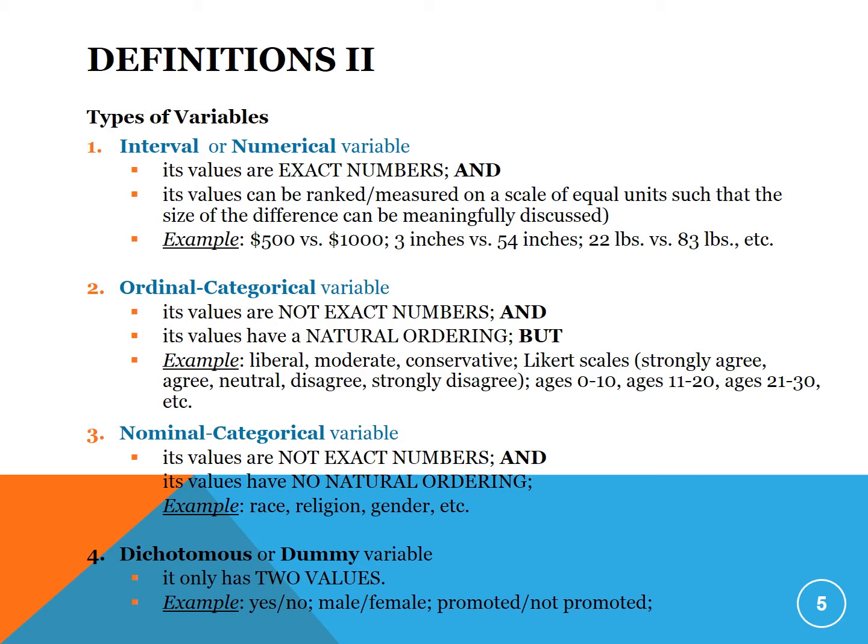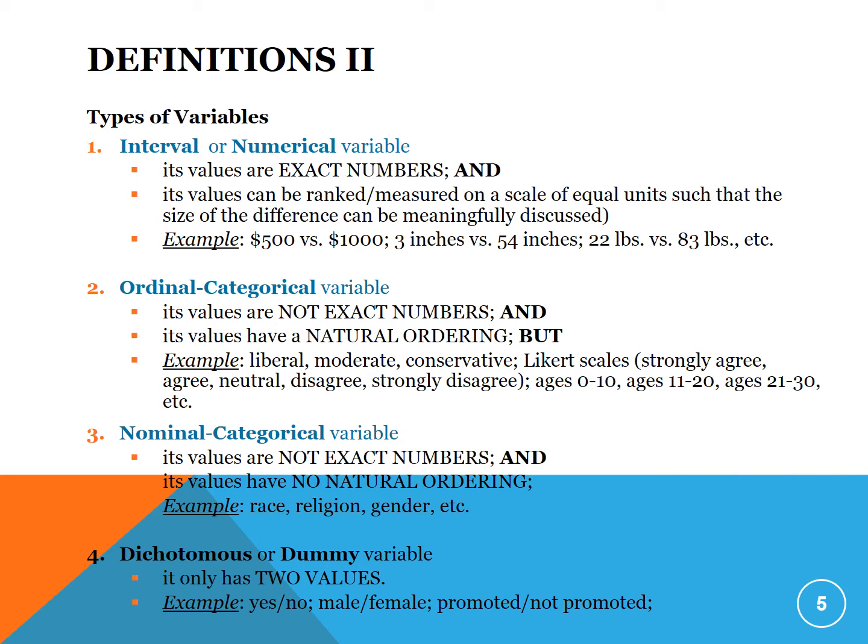What's important to note here about dummy variables is that they are dummy variables, but they must also fit in one of the three types of variables listed here. Dummy variables, they can be interval, they can be ordinal, or they can be nominal, right?